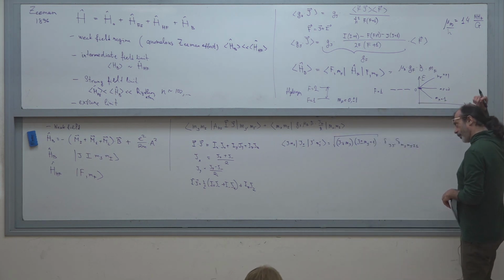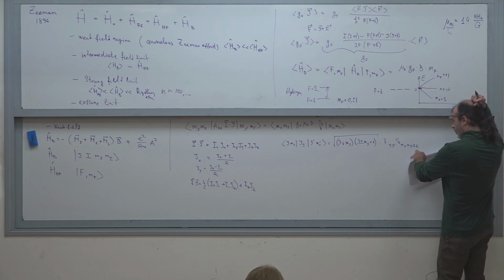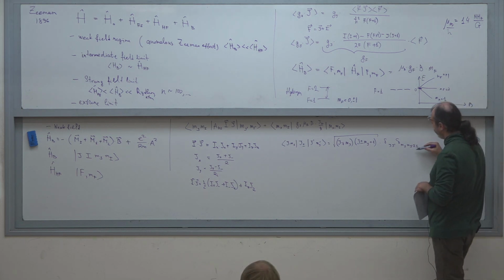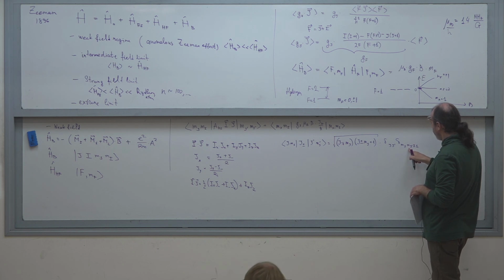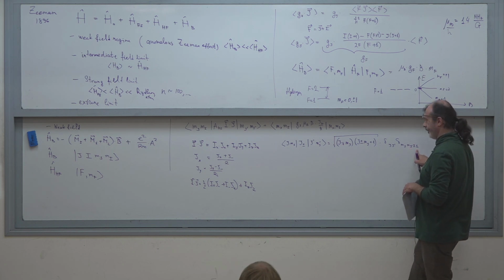This is why it's a ladder operator: it changes the M_J state by 1.